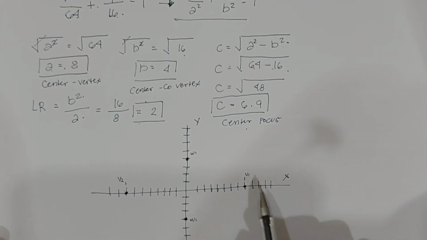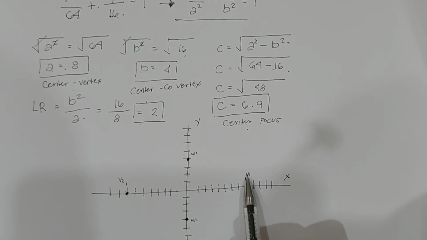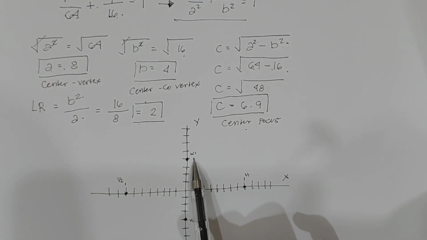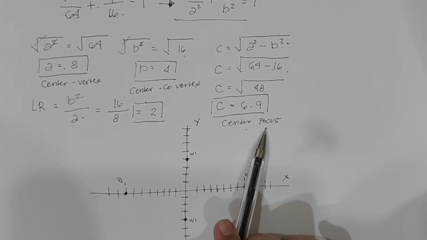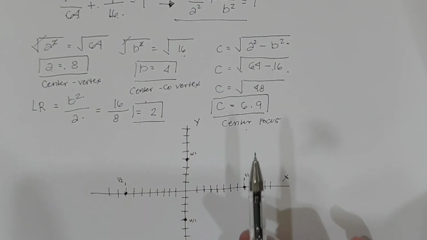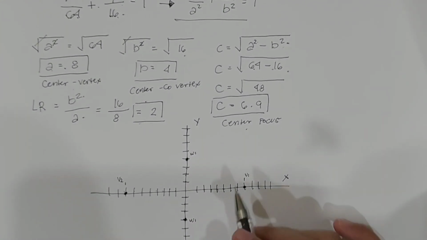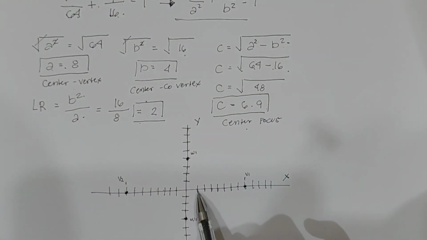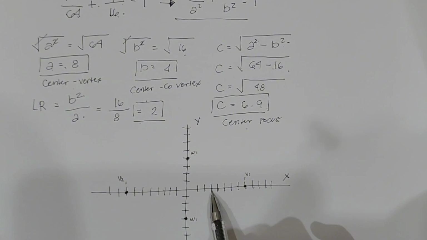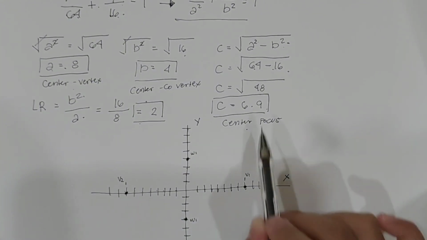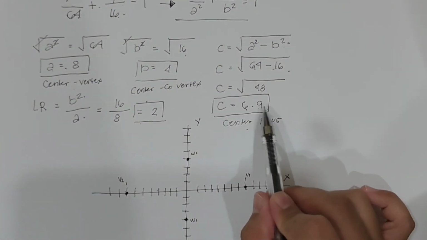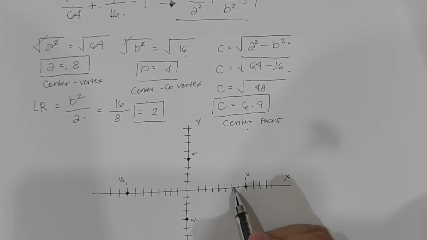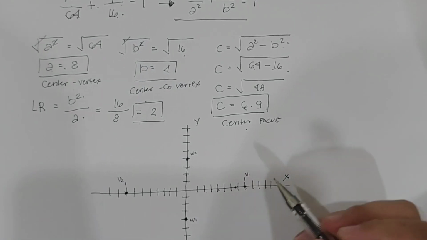Now that we are done with our vertex and our co-vertex, we're going to look for our center focus, which is 6.9. So we'll start here. 1, 2, 3, 4, 5, 6, and since it is 6.9, it's going to be in between here.